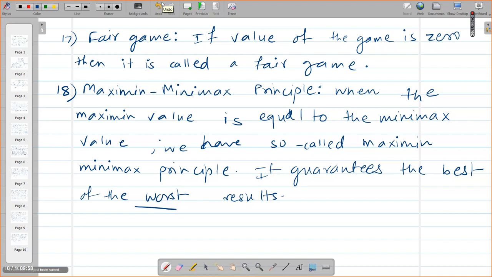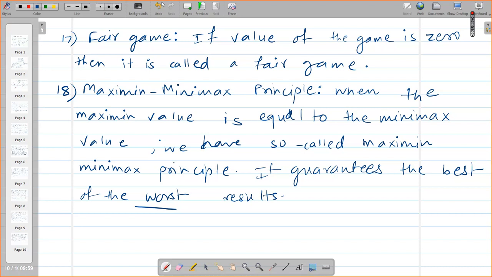If that maximin lies in the second row, that means if player A chooses the second strategy, he will gain maximum. And if minimax falls in the third column, that means if player B uses the third strategy, his loss will be minimum. If these two are equal, then we have got pure strategies.